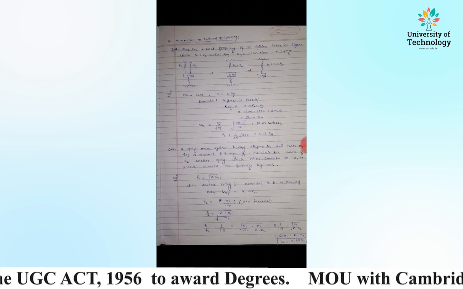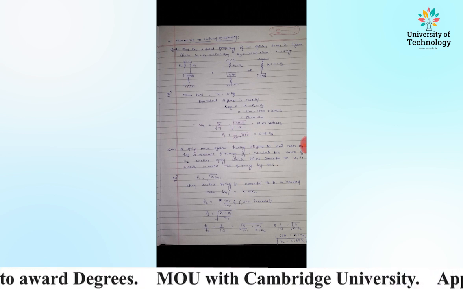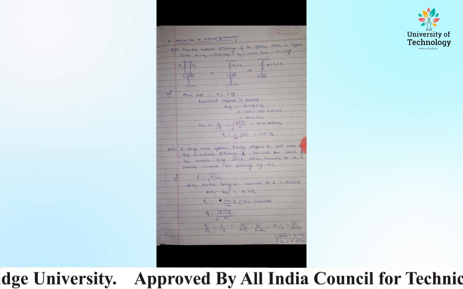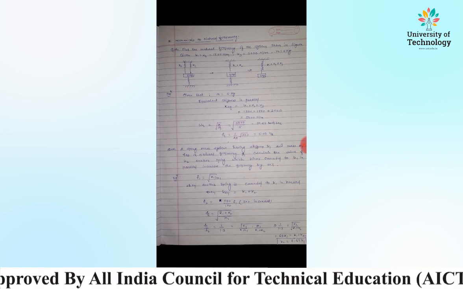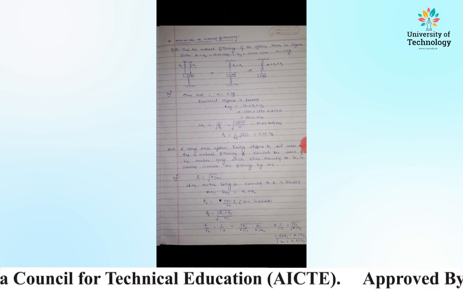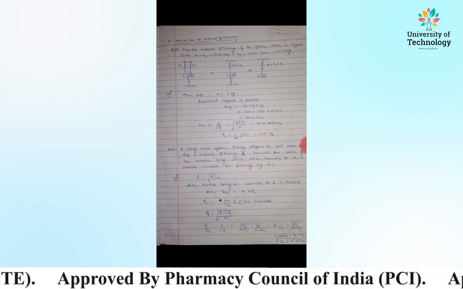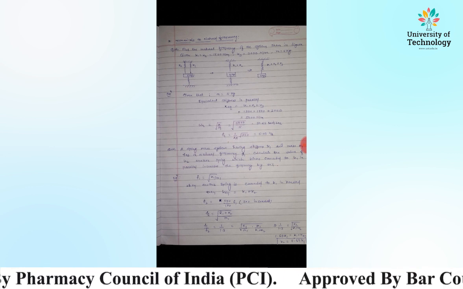Next question is, a spring mass system having stiffness K1 and mass M1 has a natural frequency F1.